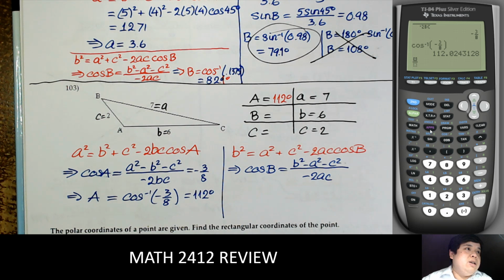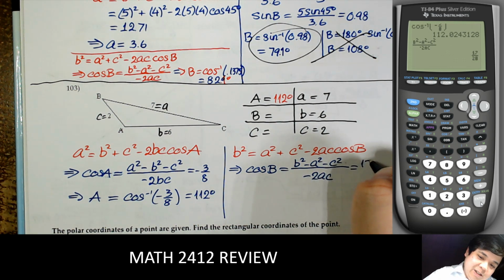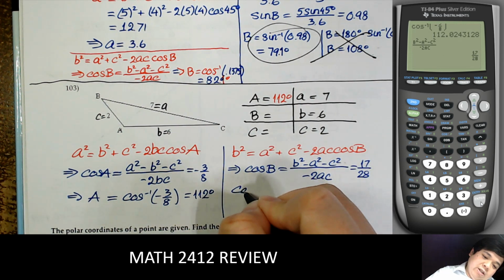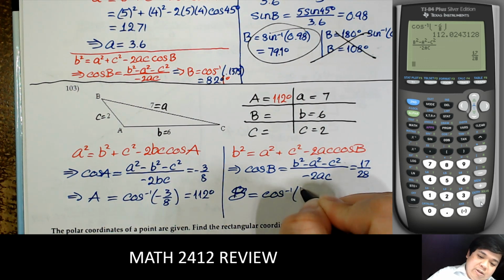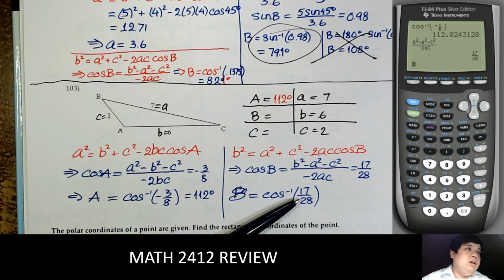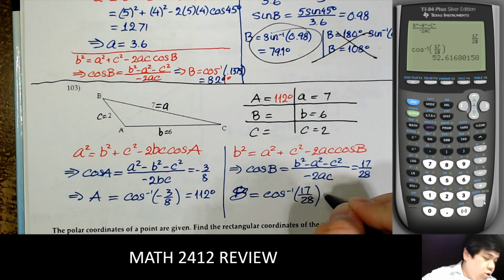We get 17 over 28, and B equals cosine inverse of 17 over 28, which is 52.6 degrees.